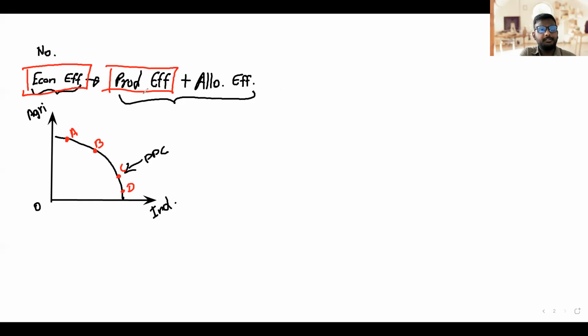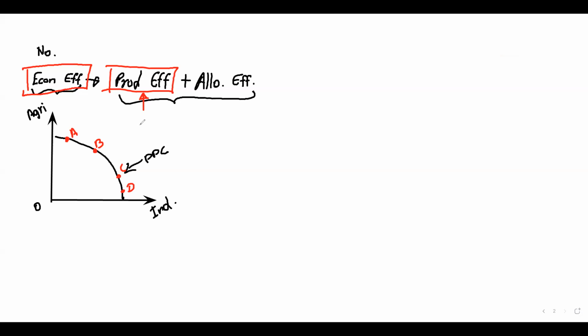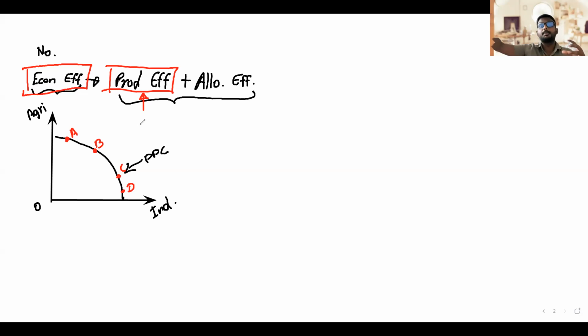So productive efficiency is the condition where we are using our resources in the best possible way, in the most optimum way, where we are getting the best output possible using whatever resources we have. Nothing is wasted.